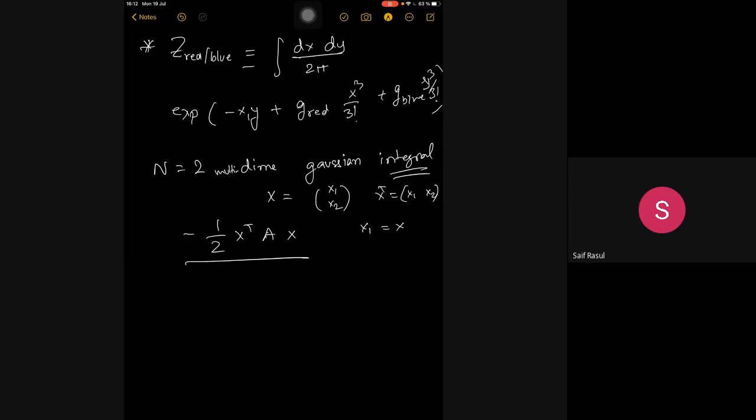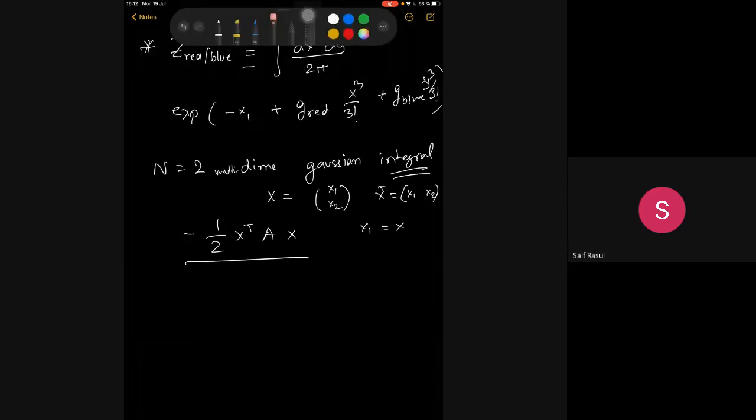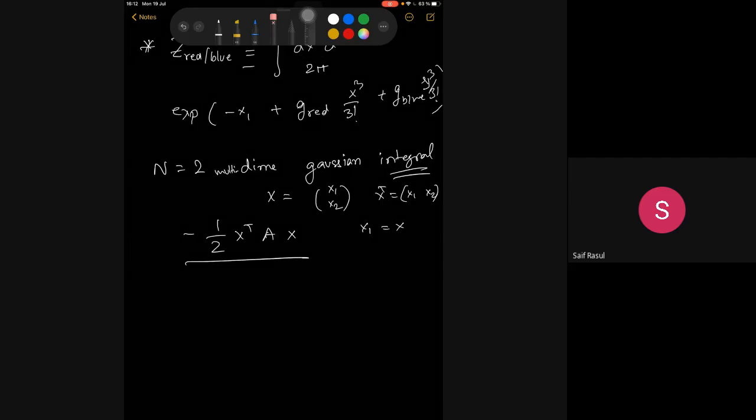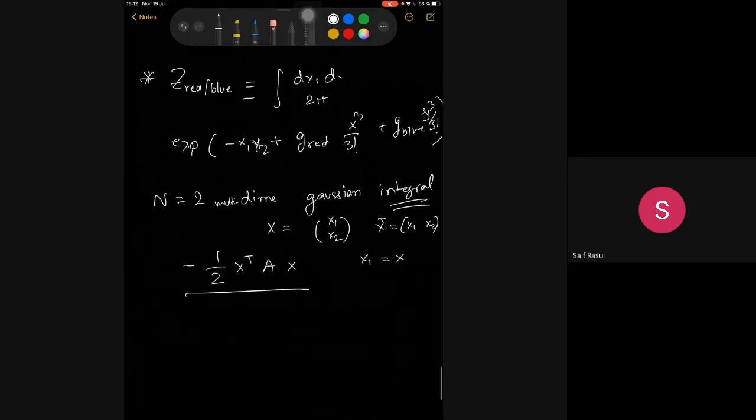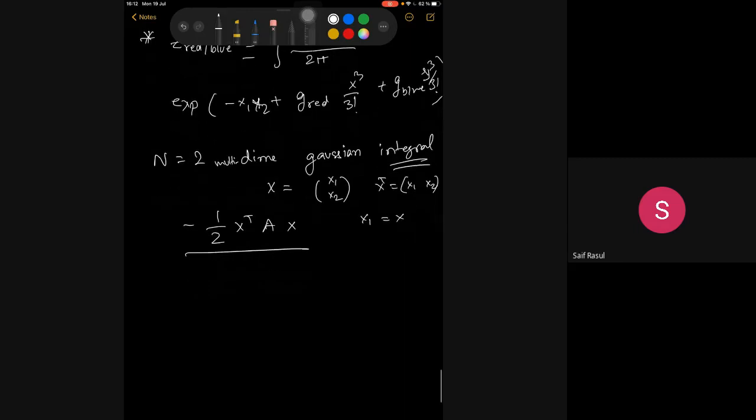Let's make it x1 and avoid the confusion. If we write it down, it's x1, x2, then a11, a12. These are matrix elements. I'm writing the terms out explicitly.